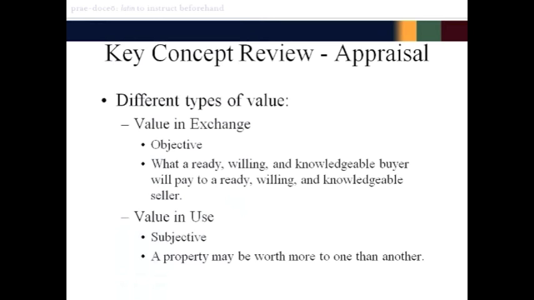A property might be worth more to one person than it is to another. Just maybe they have the contiguous property next to it and are trying to expand the size of their lot. Well, they may pay a little bit more for that than someone else who's just looking for a piece of property to build something on.